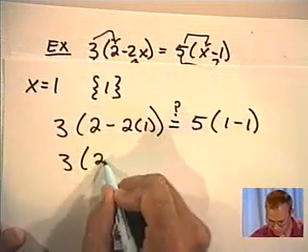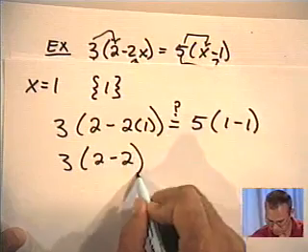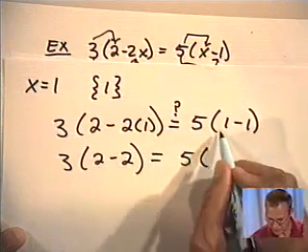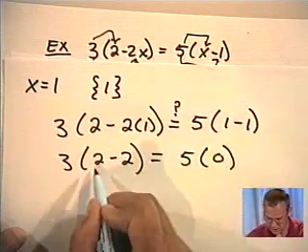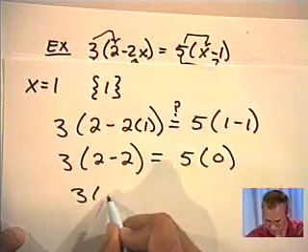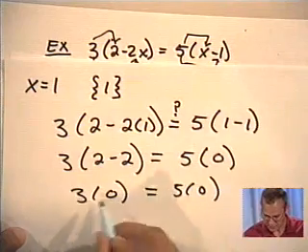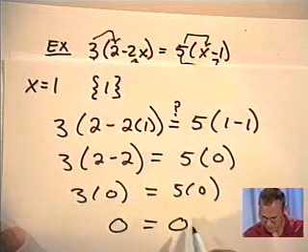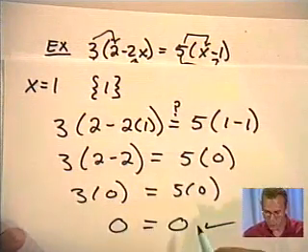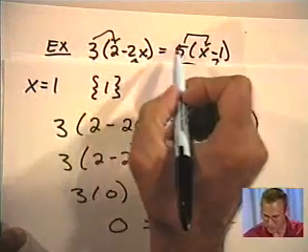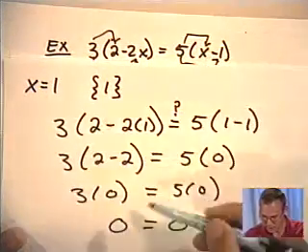This is 2 minus 2. And I'll fix this parenthesis. 2 minus 2 is 0. And 3 times 0 is 0, which checks out. So we plugged our x back into the original equation, and we got an equality.